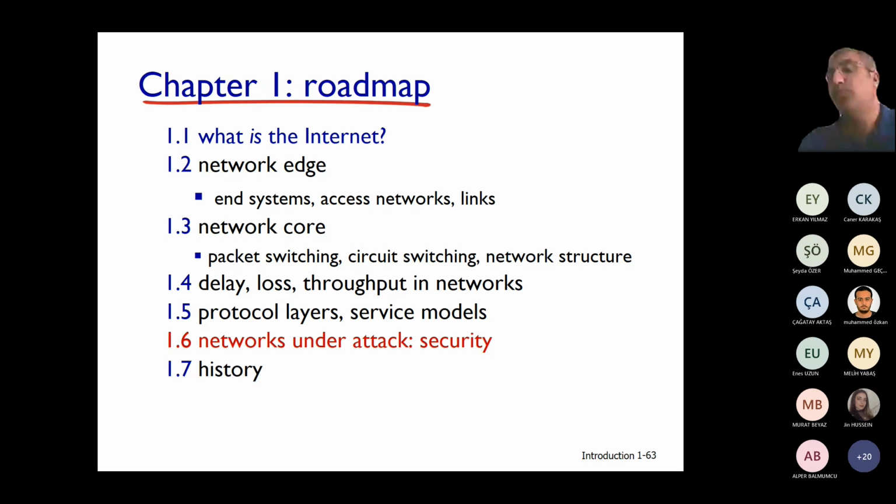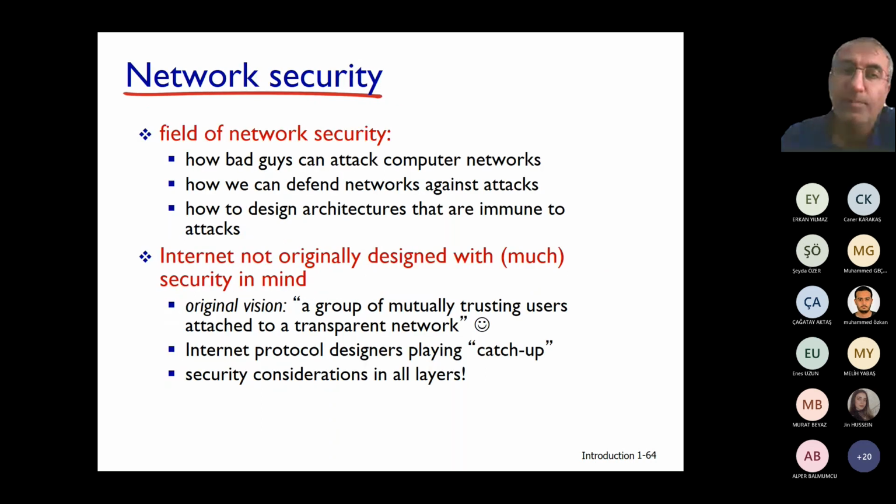Okay, another important topic that we're going to learn in this course is the security of these networks, right? When you say security, we have different types of security. We are talking about the field of network security: how the bad guys can attack your computer networks, and if they attack, how we can defend the networks against such threats, and then how to design architectures that are immune or robust to such attacks and threats.